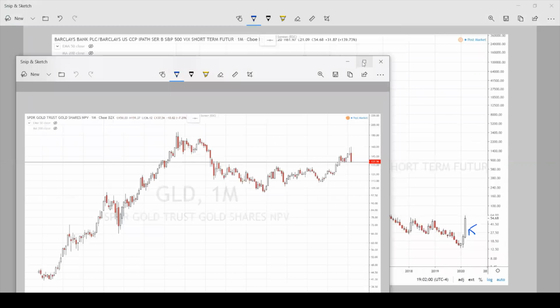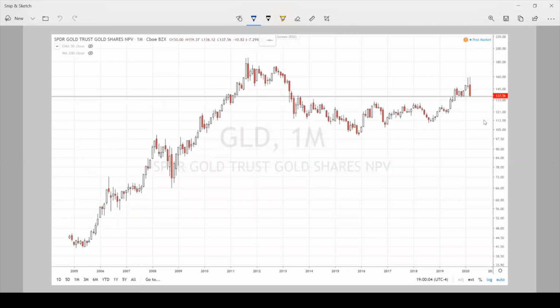Let's look at the monthly. We can see here that we've consolidated a couple of times, for close to 5 months. We tried to break out, but 160 became somewhat of a resistance, and we can see that right around here.